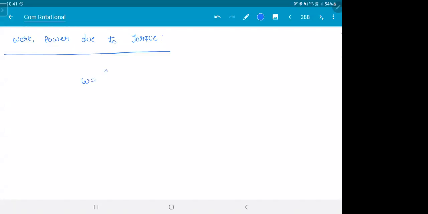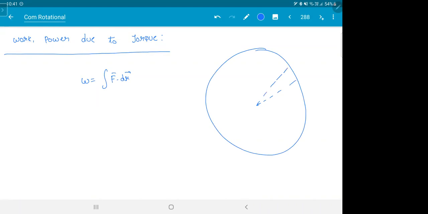What is work formula? Integral F bar dot dr bar, displacement vector. Now, if a particle is going on a circle, let's say this is r, this is d theta. This displacement vector will be dr bar, which is r d theta. Arc length, na? Radius into the small angle. If you just substitute here that will be F r d theta.